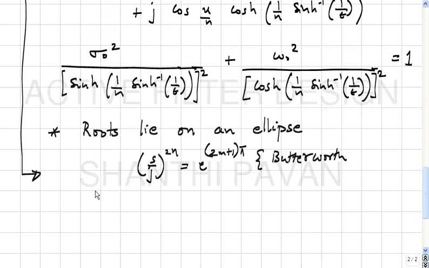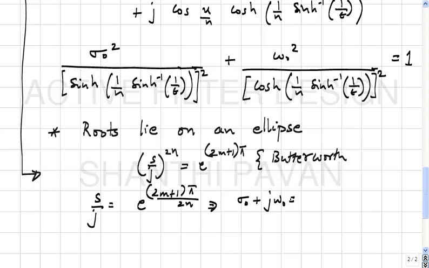Now, all that this means is that s by j is nothing but e to the j 2m plus 1 pi by 2n, which means that sigma naught plus j omega naught, the root of the Butterworth, is given by cos plus j sine.